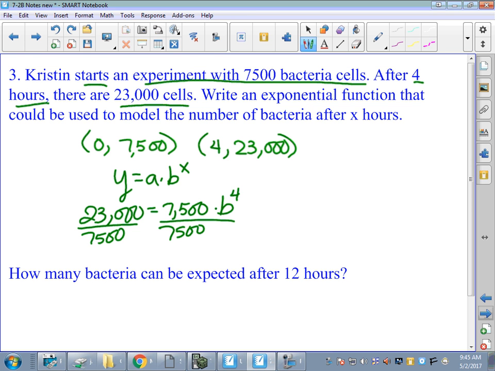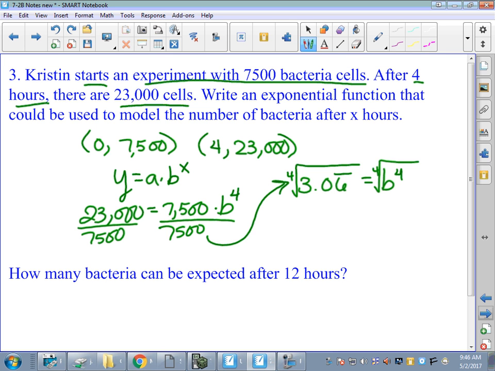And when you divide the 23,000 by 7,500, you end up with 3.06 repeating. Just leave it on your calculator. That is equal to b to the 4th. And then we're going to take the 4th root of both sides.